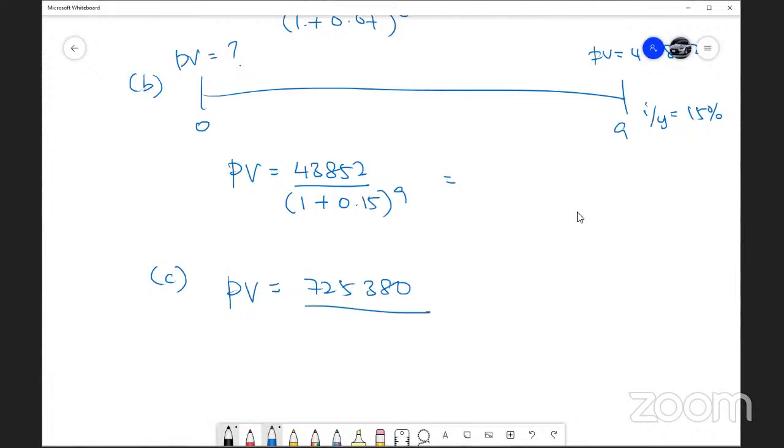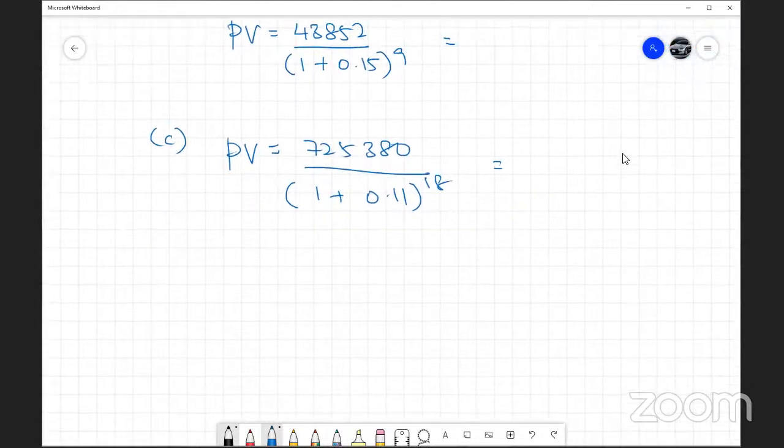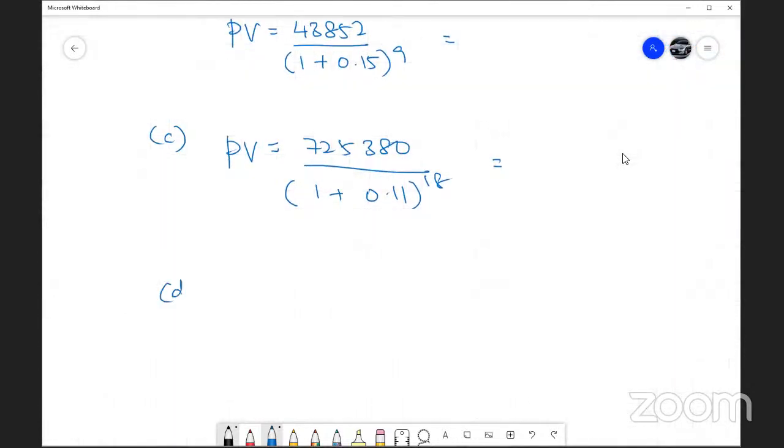Don't be worried about the big number. 1 plus 0.11 power of 18. And lastly, PV equals 590,710 over 1 plus 0.18, 18%, power of 23.